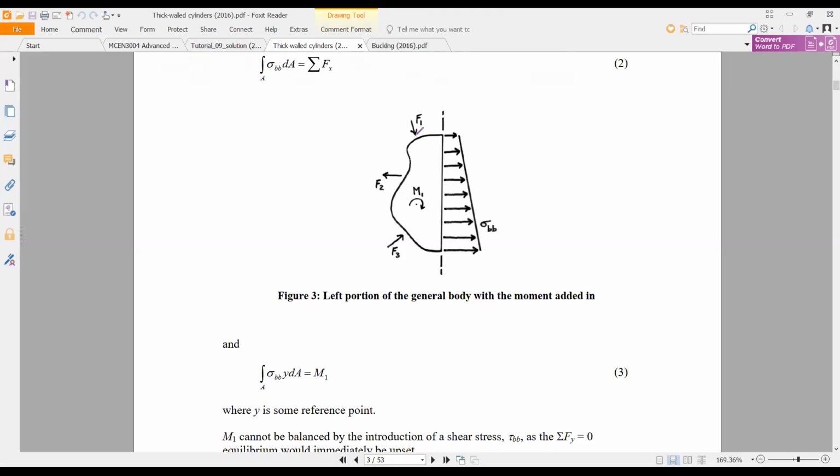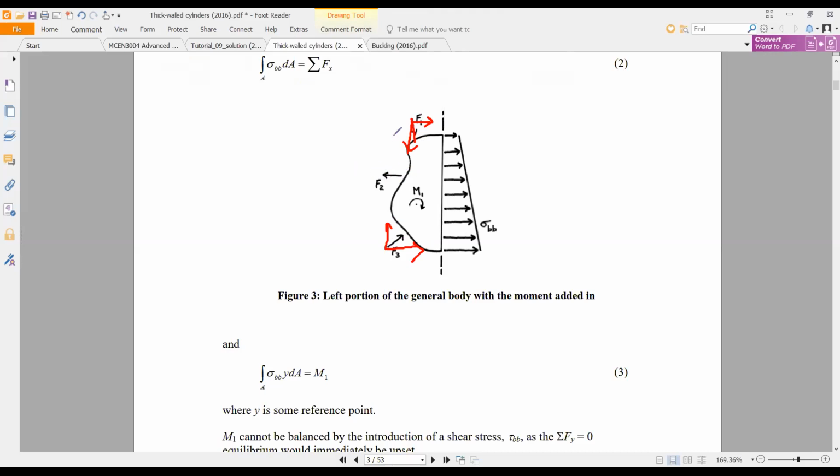So you have F1 here. You can get the horizontal component of this F1 and the vertical component. Assume this is the vertical component. And F3, this is the vertical component, this is the horizontal component. F2, this is the horizontal component. Assume this is the x-axis.